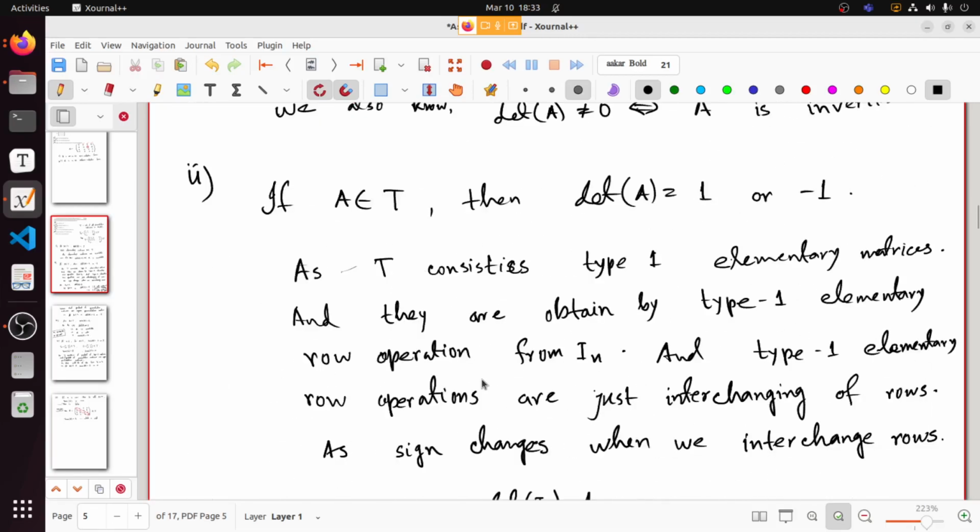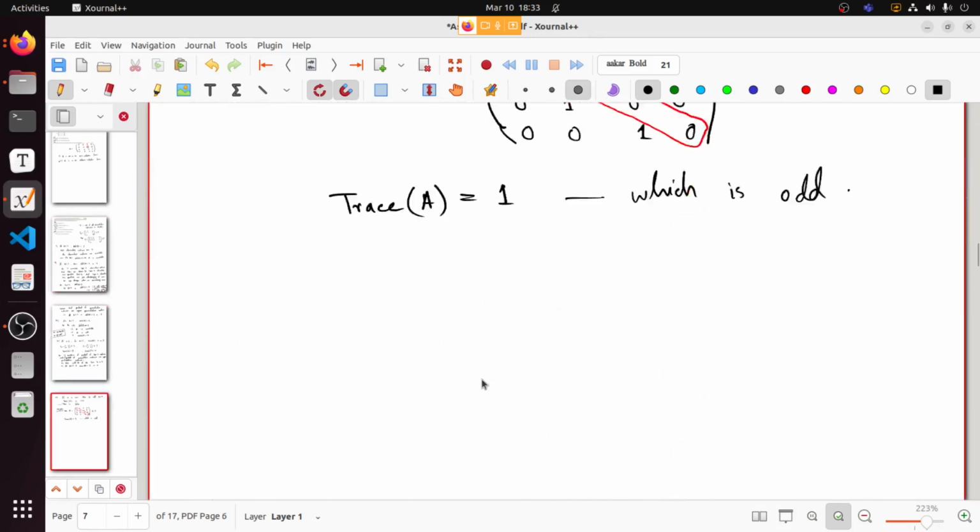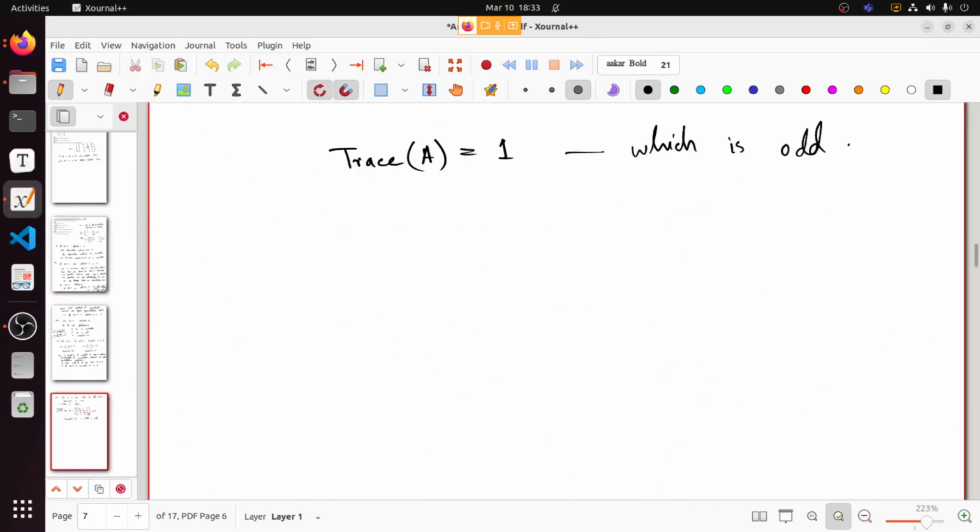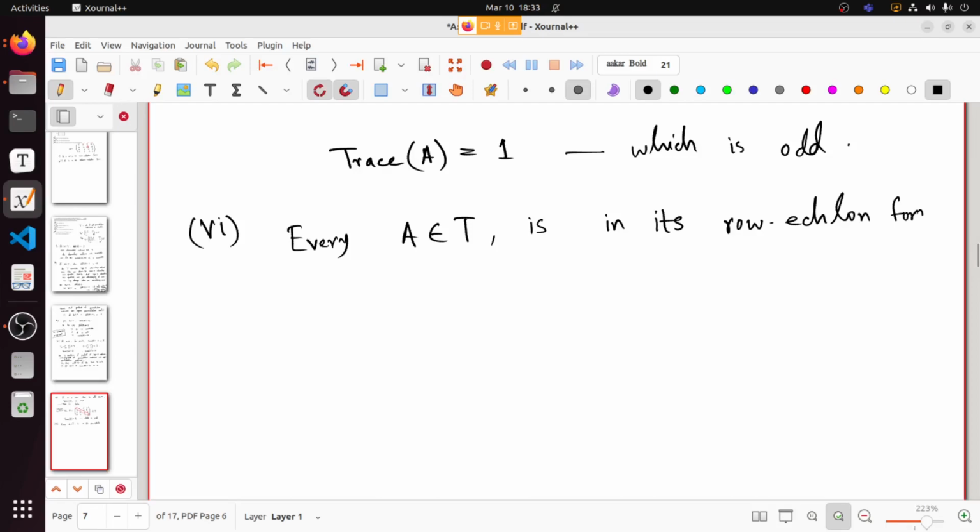So this, by the definition, you can easily check. So option number 6, what is it saying? Every A in T is in its row echelon form. So what are the matrices in T?